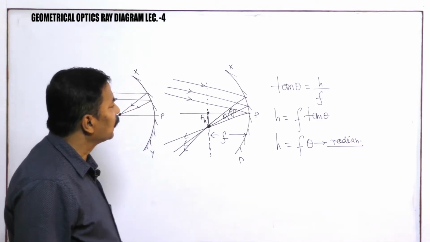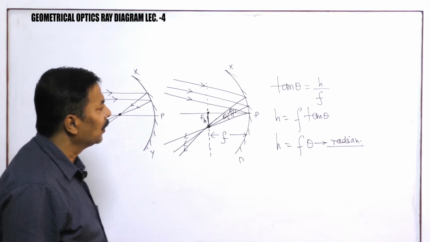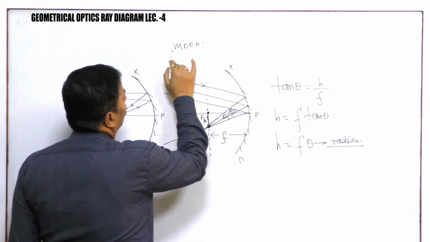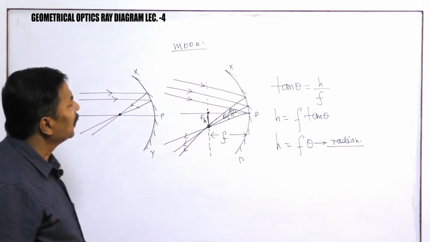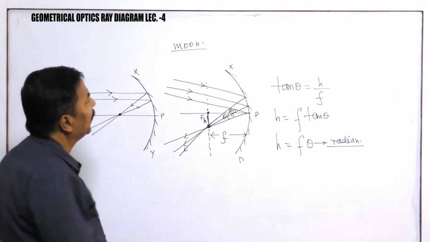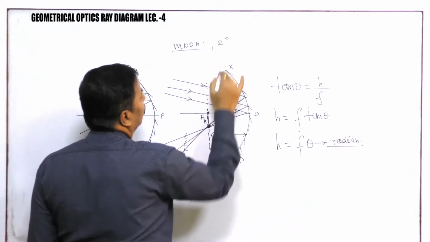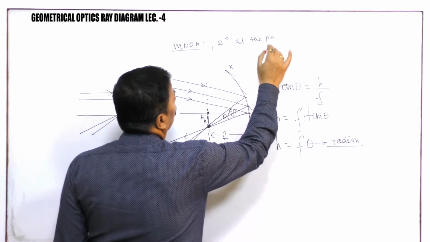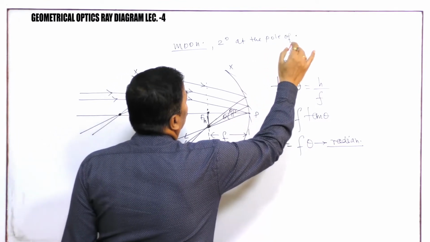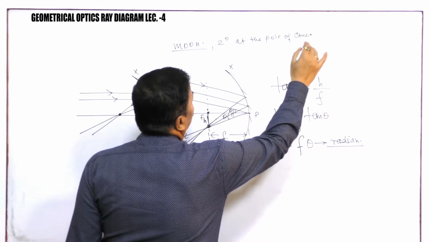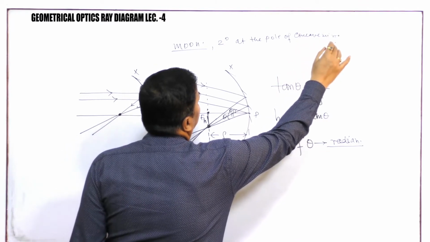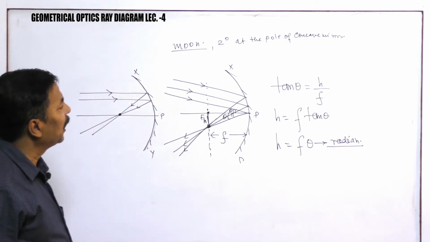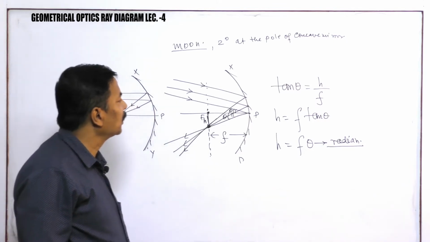I will give an example also. Suppose the moon is there, and that moon is making an angle of 2 degree at the pole of a concave mirror.